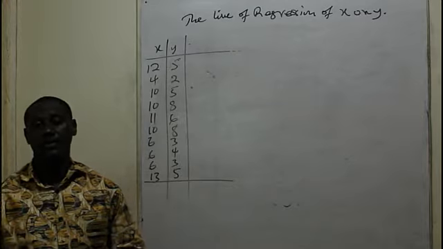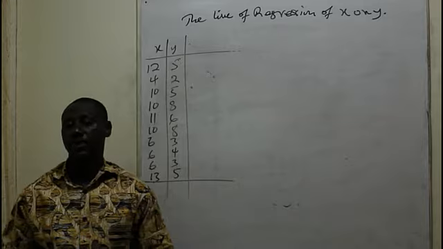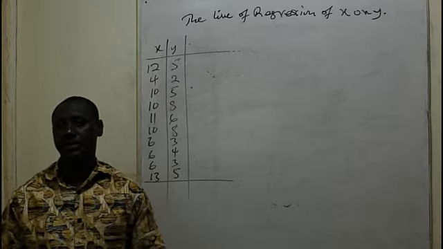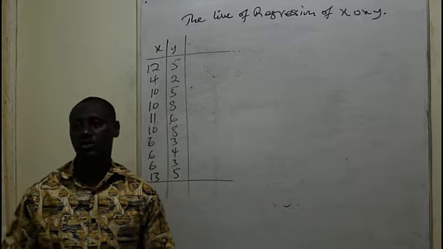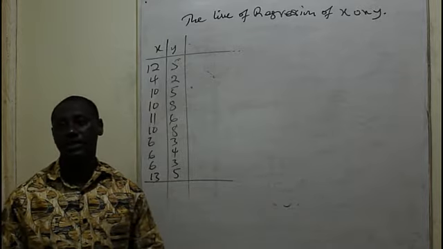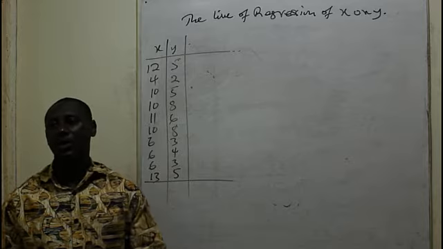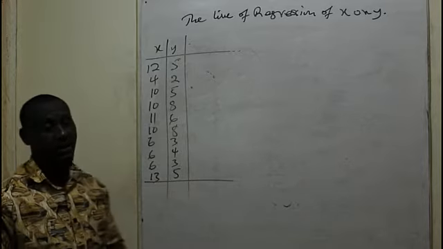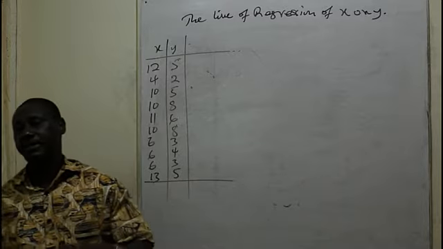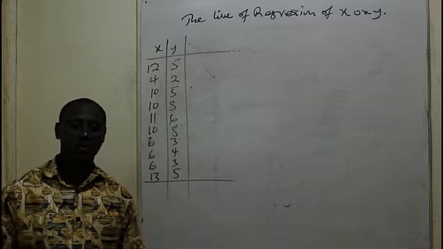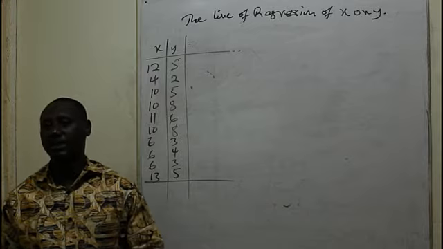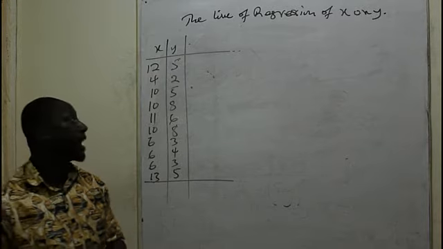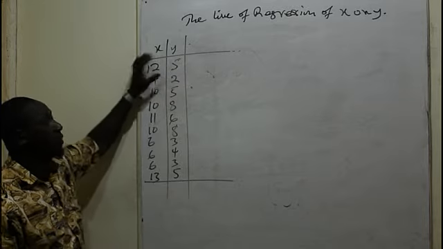Welcome back. So the example is that we have to find the percentage shrinkage in samples of clothes after washing in directions along and across the cloth. I'm taking the question again: the percentage shrinkage of samples of clothes after washing in directions along and across the cloth is given by x and y.